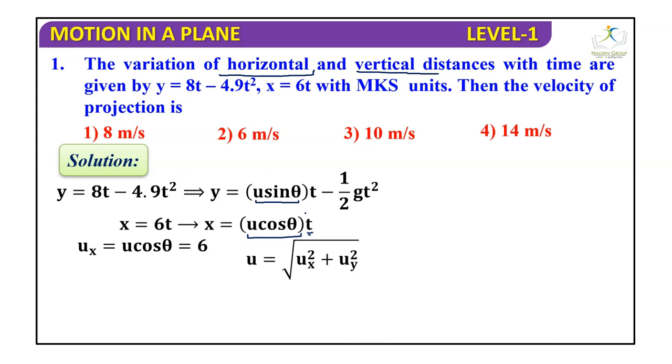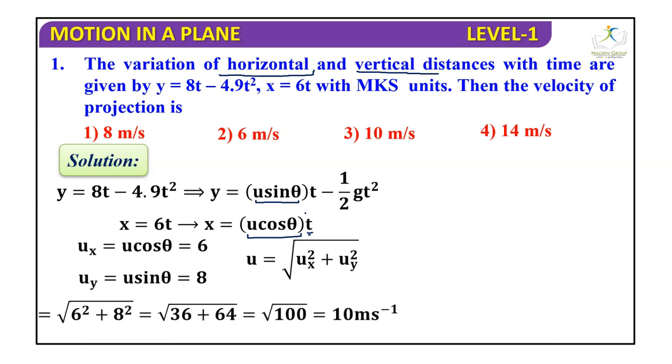So u is equal to the square root of ux² + uy². Here ux is u cos theta, which is equal to 6, and uy is u sin theta, which is equal to 8. Students, if we do this solution, we get the answer, which is 10 meter per second.